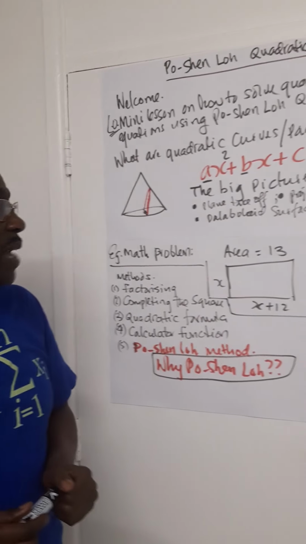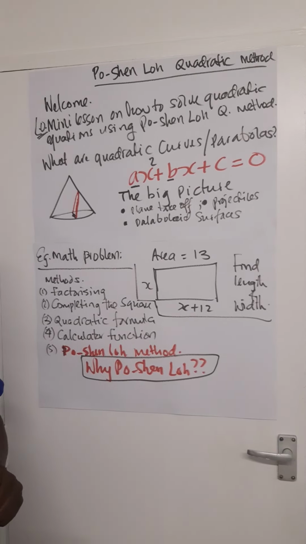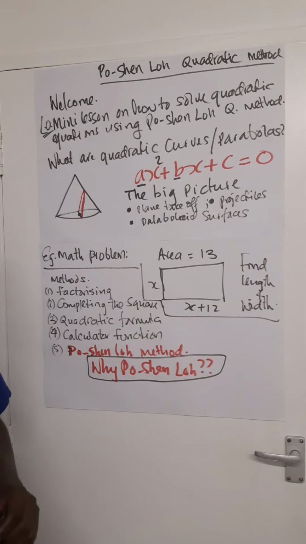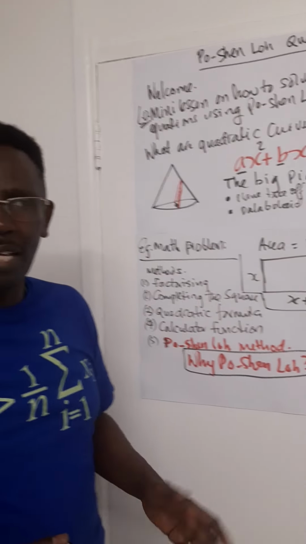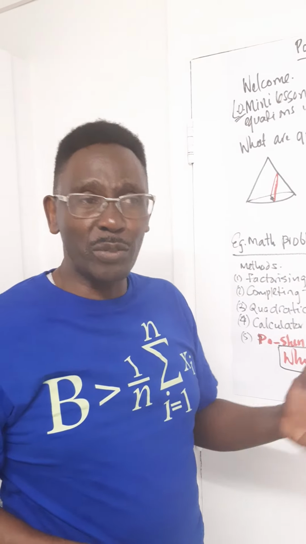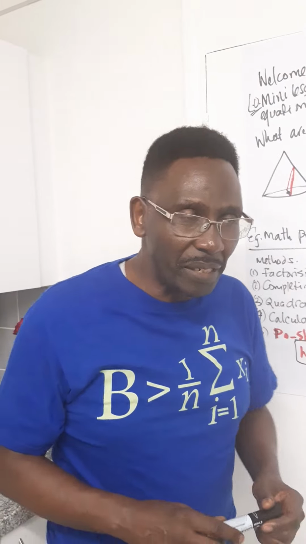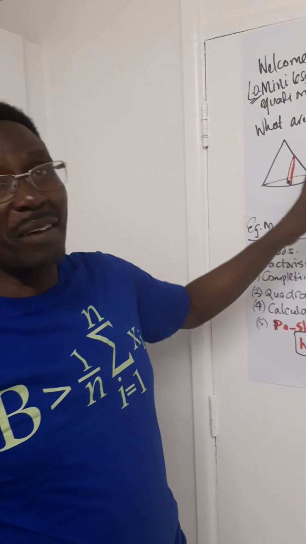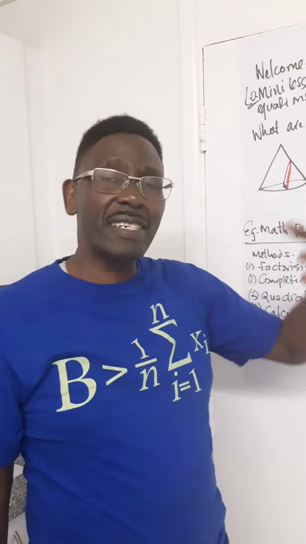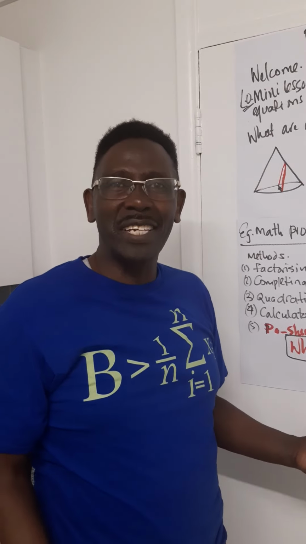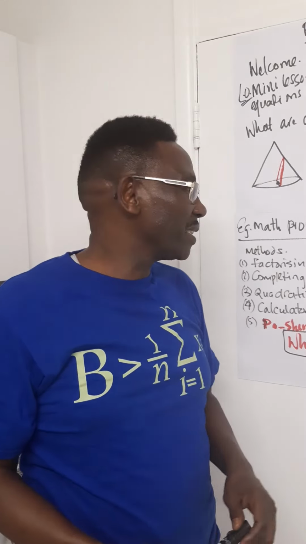And we even have paraboloid surfaces which are made of parabolas, for example satellite dishes, which increase the signal to your TV. If we didn't have parabolas, you'd have a problem. The sensors in your phone also have paraboloid surfaces.